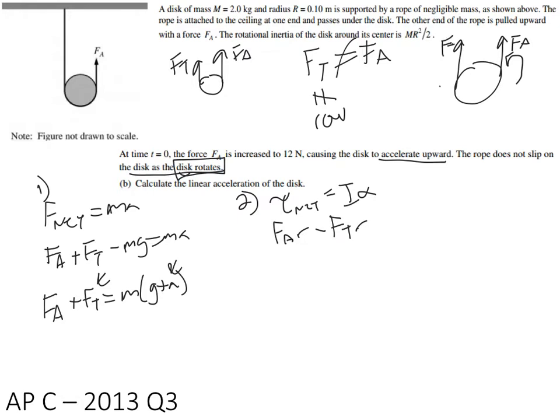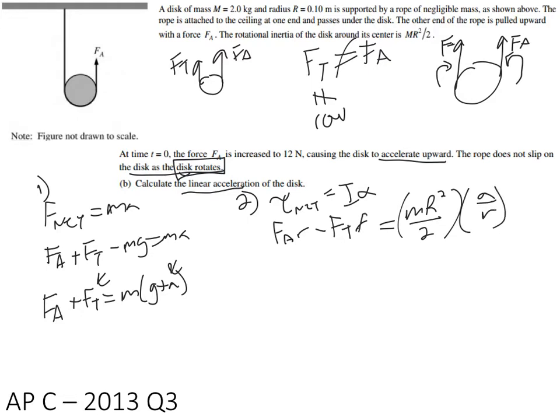Ft is making it go clockwise. So these two are in opposite directions when it comes to torque. And then we're going to have half mr squared for the I. And because we want to know about what the linear acceleration is, I'm going to replace alpha with A over R.